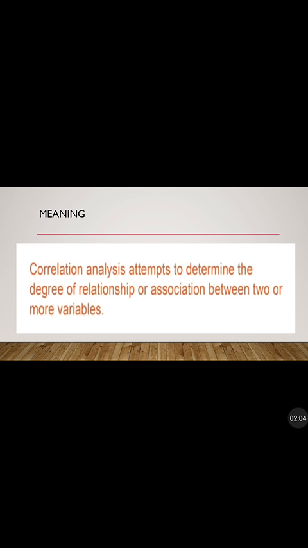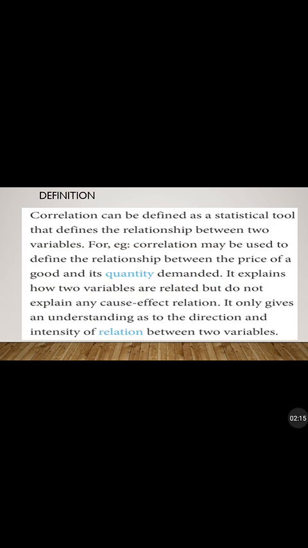So what is correlation? A correlation analysis attempts to determine the degree of relationship or association between two or more variables. Now we're going to see the definition. Correlation can be defined as a statistical tool that defines the relationship between two variables.